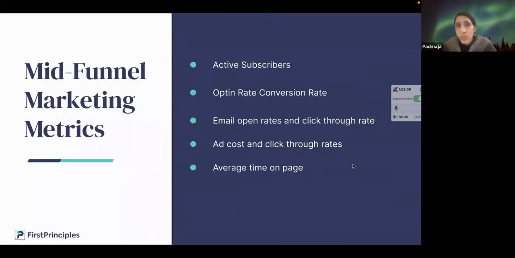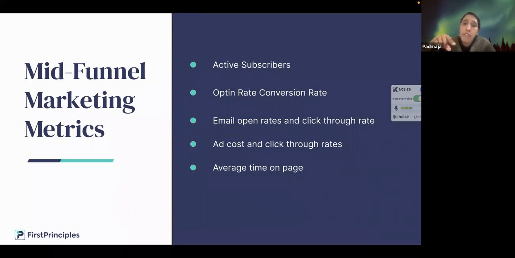And these are the metrics that we look for in mid-funnel marketing: the number of active subscribers you have, the opt-in rate conversion, the email open rates, how many click-throughs there are, the ad costs, the click-through rates, and the average time people spend on the page. So at the top of the funnel, it was more like bounce rate. In the mid-funnel, it comes to average time on the page.